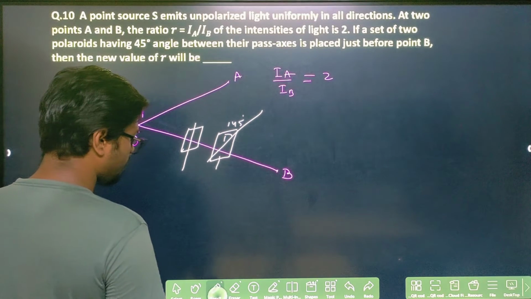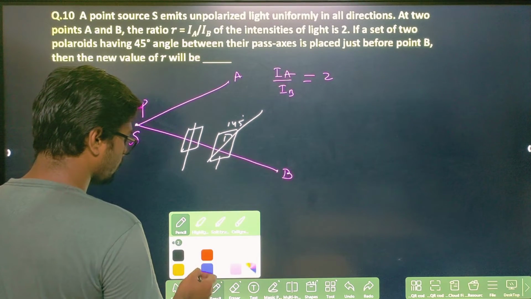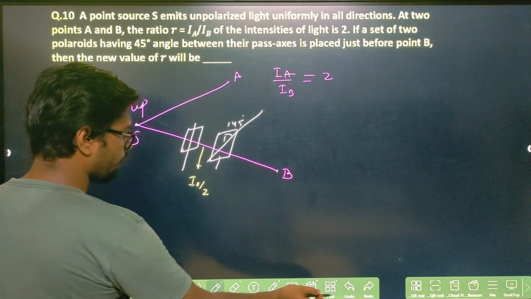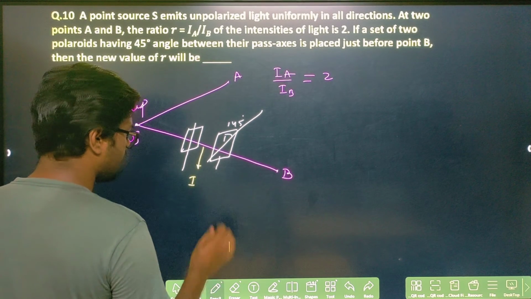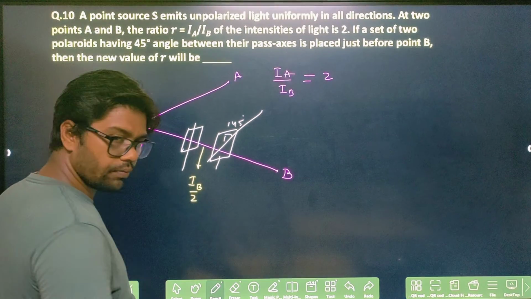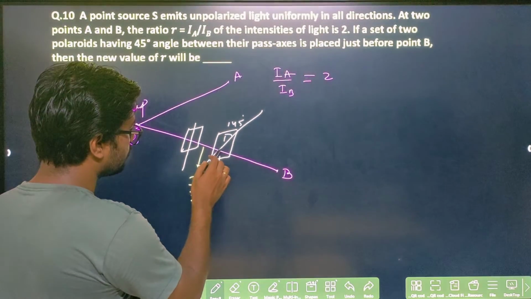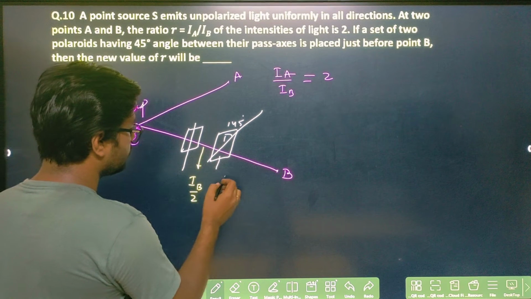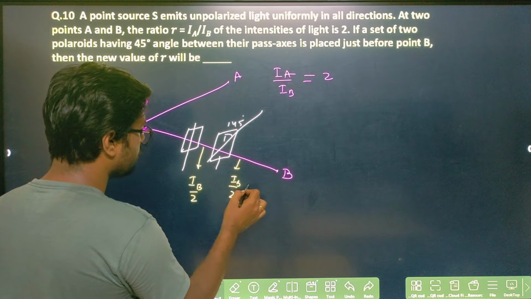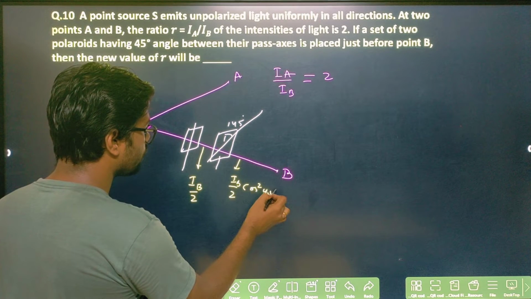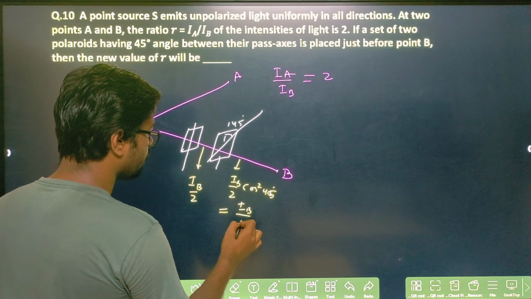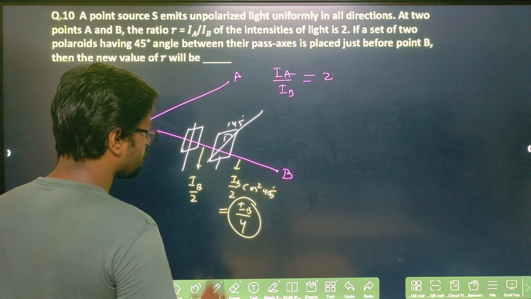The intensity will be I naught by 2, or you can write IB by 2 because it's IB initially, so you can write IB by 2. Here it will be again, this will be going this side, so this side it will be IB by 2 into cos square 45 degree because it's 45 degree here, so IB divided by 4.